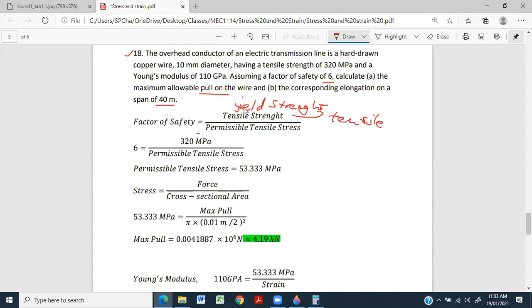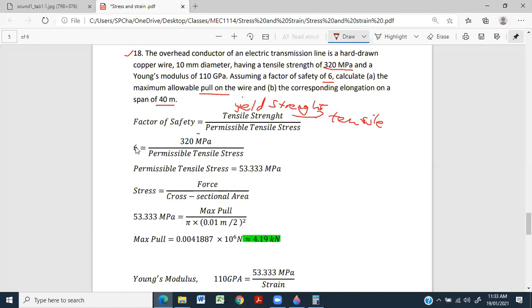So the copper wire has a tensile strength of 320 megapascals. We assume the safety factor of 6, which is maybe a standard. Maybe they say when drawing wires, we want a safety factor of 6. So what's the permissible tensile strength?